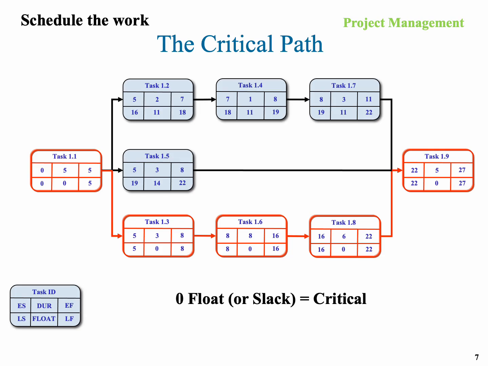If we only have limited resources that can do all three of the next tasks, 1.2 and 1.5 and 1.3, we most likely would put those limited resources on 1.3 because it is more critical than the other ones. It has less flex time. Again, it has 0 flex time. That means it has to be done right away, whereas the other ones will have 14 and 11. That gives us more time to do that.